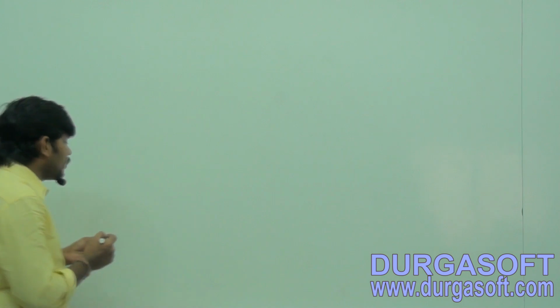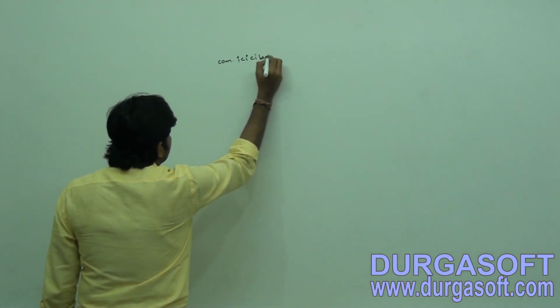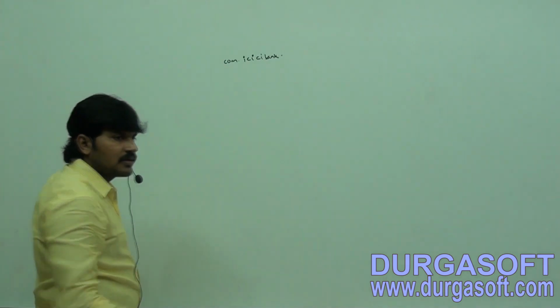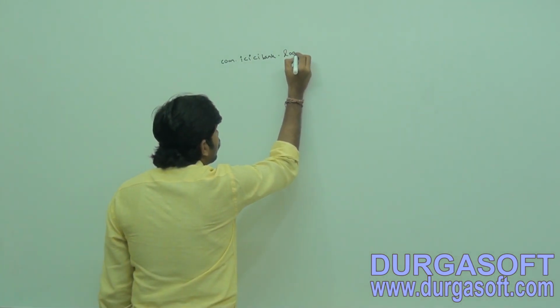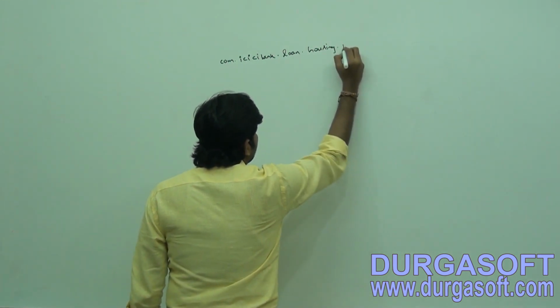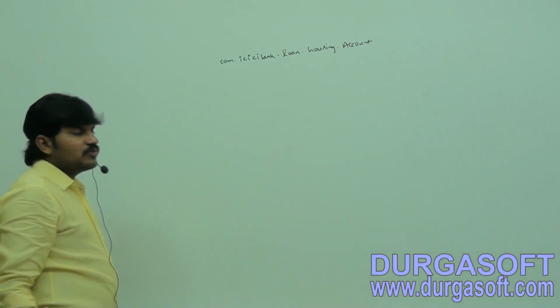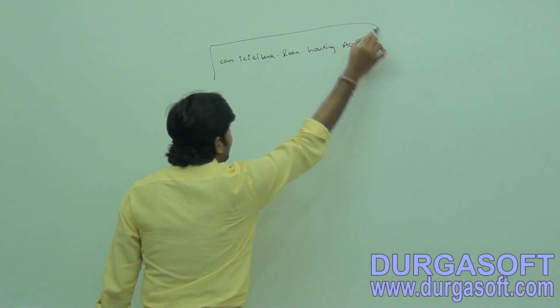Here is just an example, just observe. I am taking com.ICICIBank.loan.housing.account. Have you observed? This is if I use a fully qualified name for my class like this.